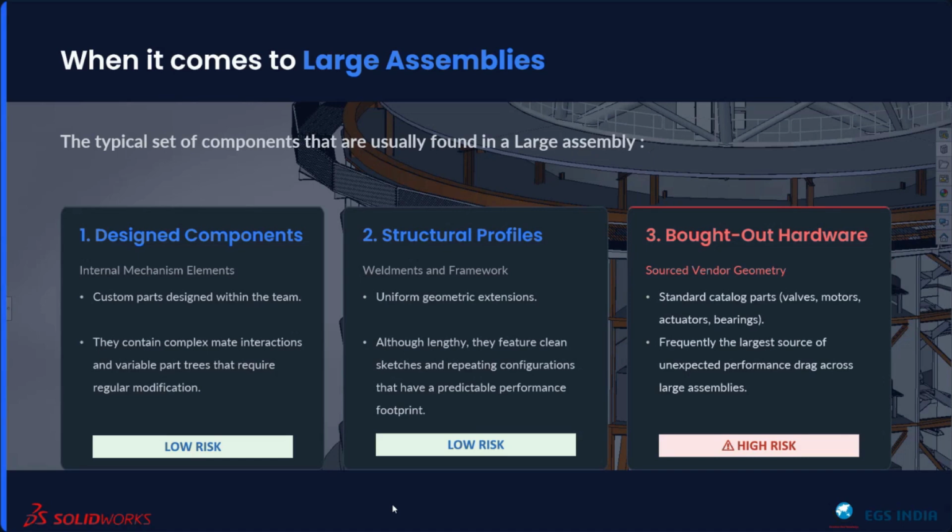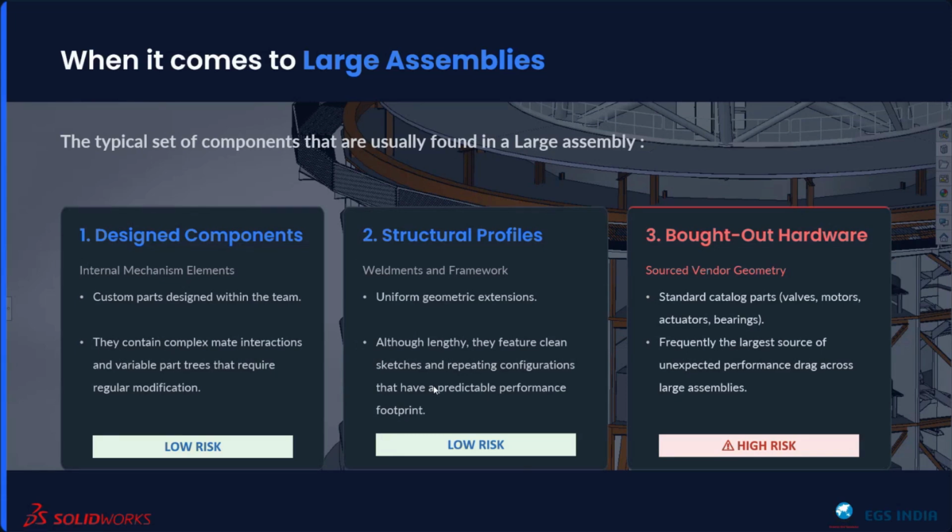So there's not going to be much error, or much complexity in the nature of the files. By ensuring that you're designing with the right design intent in the first place, and then moving on to error-free mates and error-free constraints in your assembly, we can confirm that there is no risk involved with your design components.